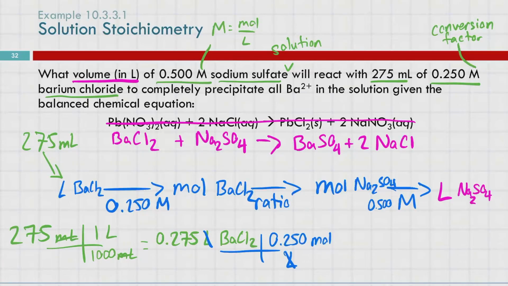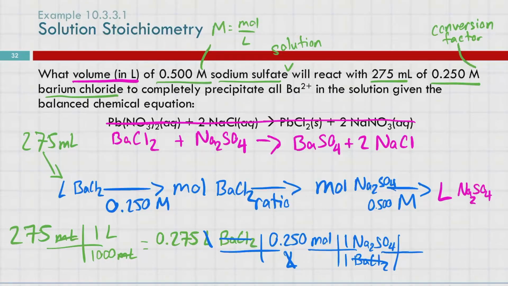What's our ratio of barium chloride to sodium sulfate? They're 1-to-1. So as a formality, we're putting in the 1-to-1 ratio just to show that we're canceling our units, just to show that we care.